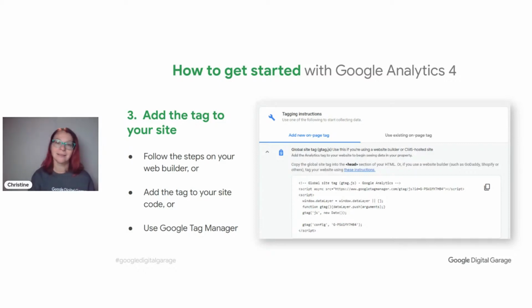So you could either send that tag to whoever builds your website and ask them to do it for you, or you can follow the instructions on your CMS, your content management system, something like WordPress or Wix. They will all have either a module that you add, a plugin that you add, or a place on your template to add your Google ID, to add your Google Analytics tags. Okay. Or you could add that tag yourself through Google Tag Manager.